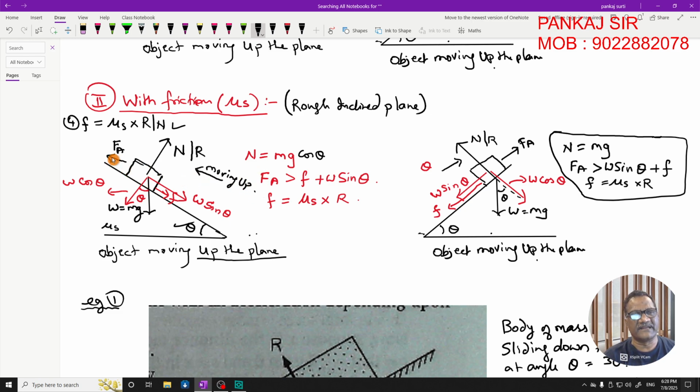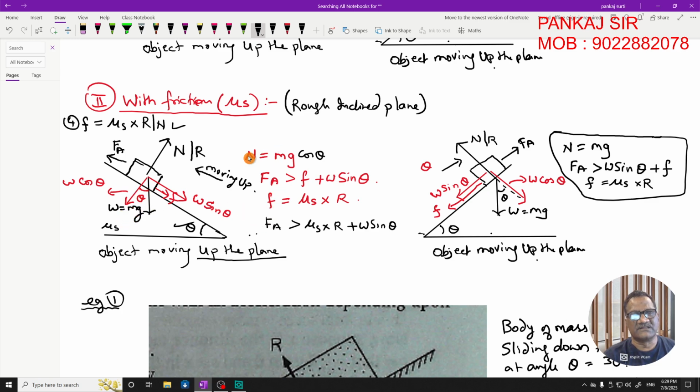Fa will be greater than not only W sine theta, but the frictional force will also be there, so F plus W sine theta comes into the picture. What is this F? F is equal to mu s into R. So you can write that the applied force has to be greater than the frictional force, mu s into R, plus the W sine theta component. This W sine theta is the parallel component of the weight force.